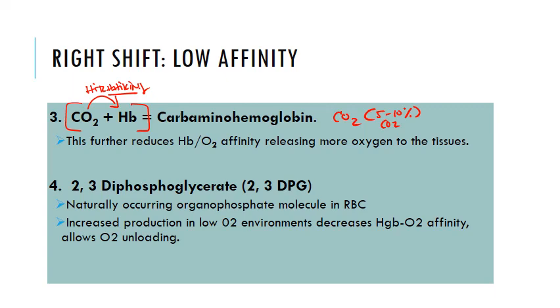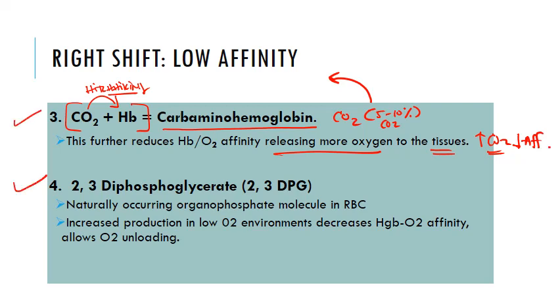But how does this possibly relate to the hemoglobin dissociation curve? Well, the more carbaminohemoglobin there is, the more it reduces the affinity, and it releases more oxygen into the tissues. So the higher the CO2 that we see in the peripheral blood, the more of this molecule is formed, which reduces the affinity.